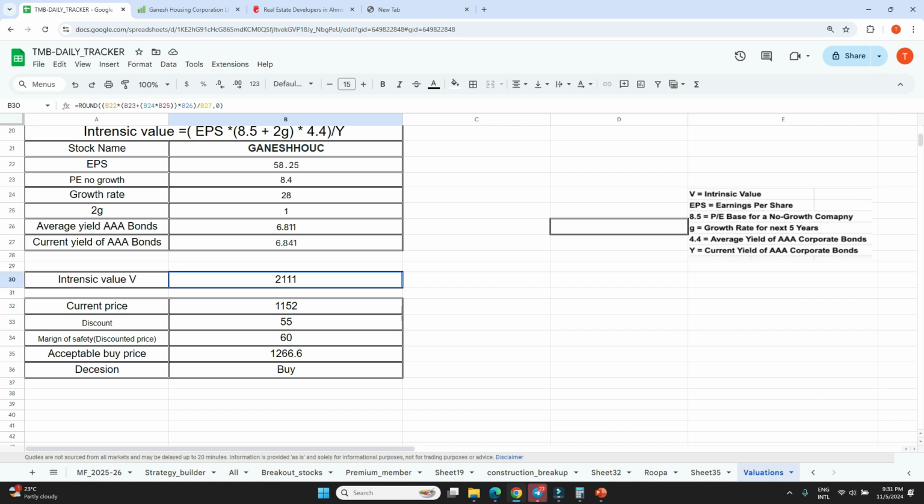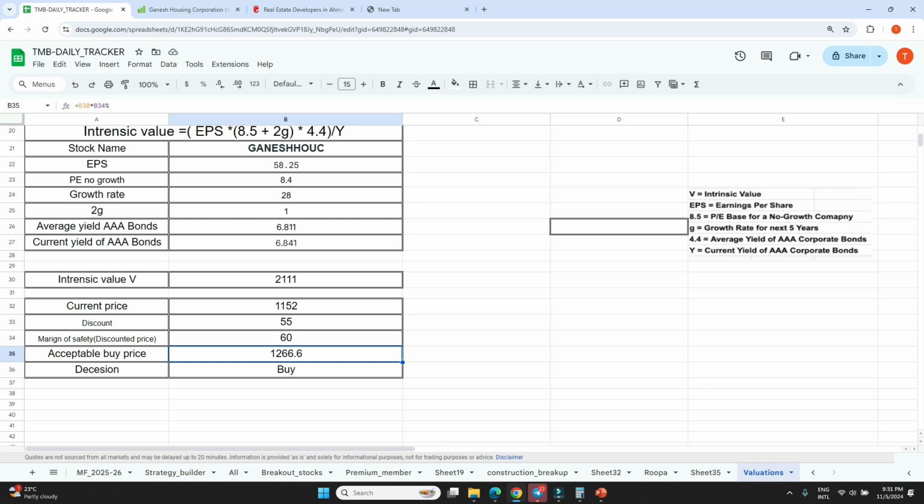Normally, between the intrinsic value and current value there is a difference. The difference is a 55% discount, from which again I am trying to find 60% of the stock. That 60% is 1260. Up to 1260, if the stock is trading, I am okay to buy. This is my calculation.